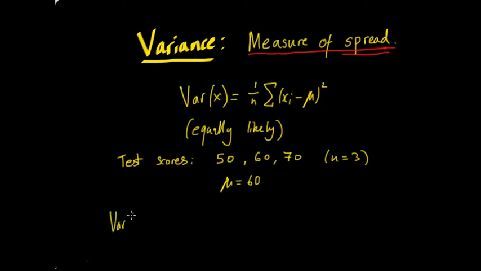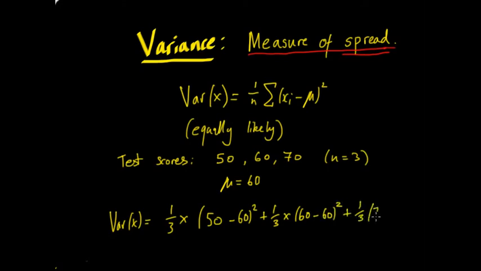So the variance is 1 over 3, that's 1 over n, times 50 minus 60 squared, plus 1 over 3 times 60 minus 60 squared, plus 1 over 3 times 70 minus 60 squared. The 70, the 60, and the 50 come from your test scores, and this 60 represents the mean.